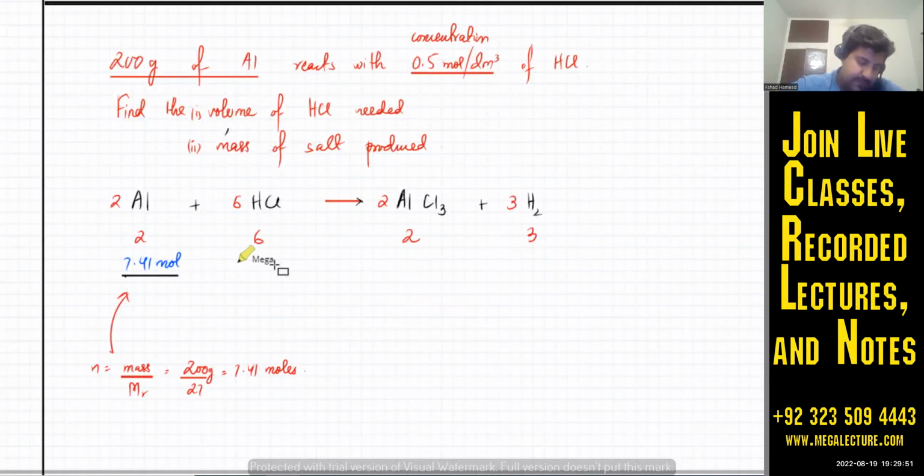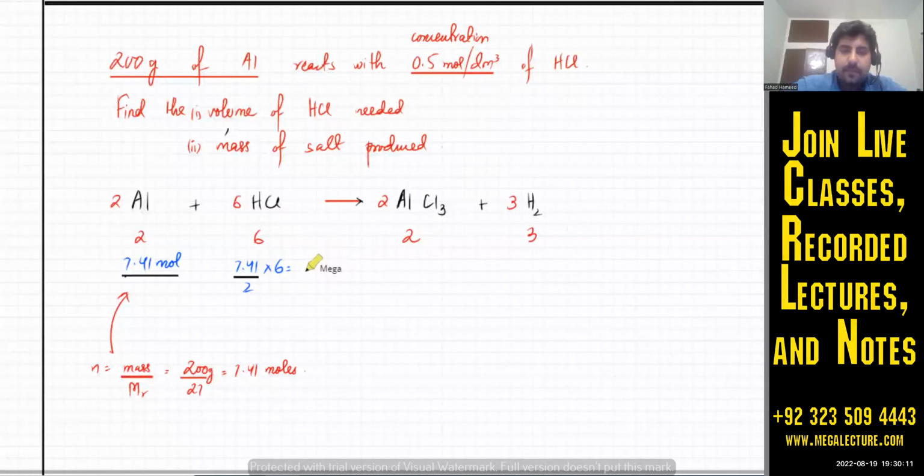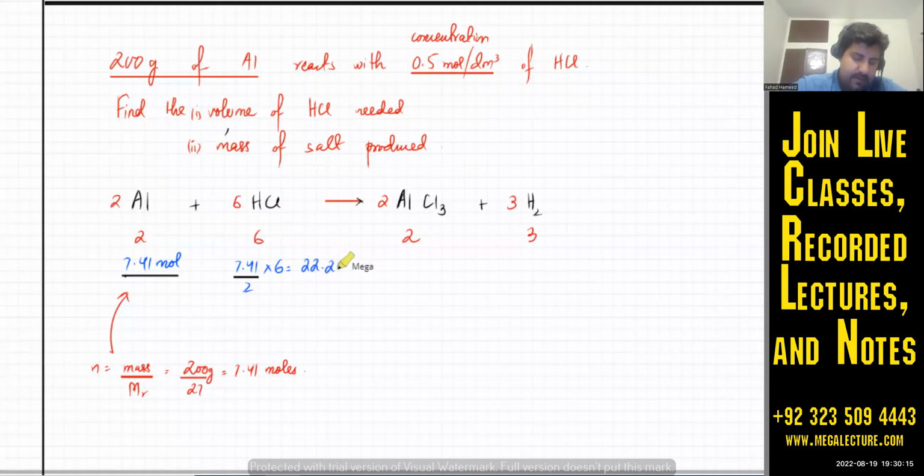That's 7.41 divided by 2 times 6. कितना बना ये? फिर अगला वाला भी. That's 22.23. कितना? 22.20.